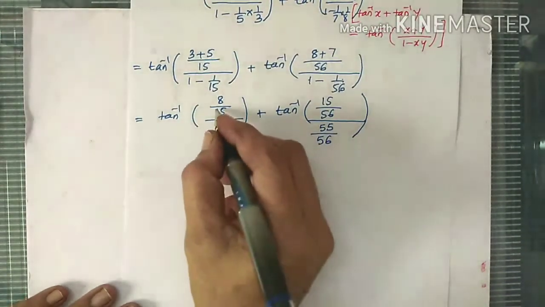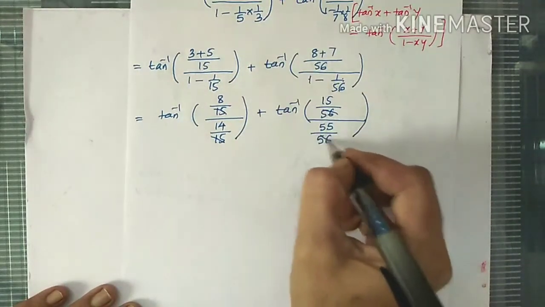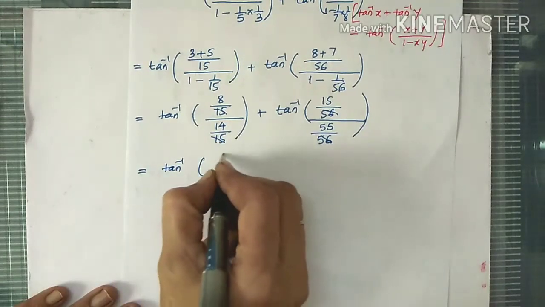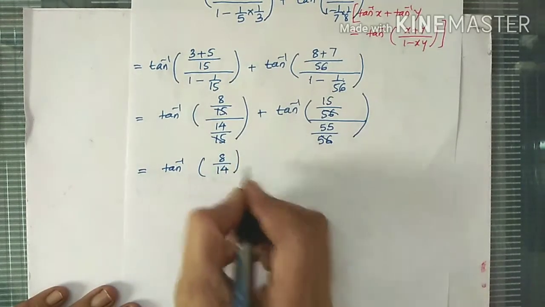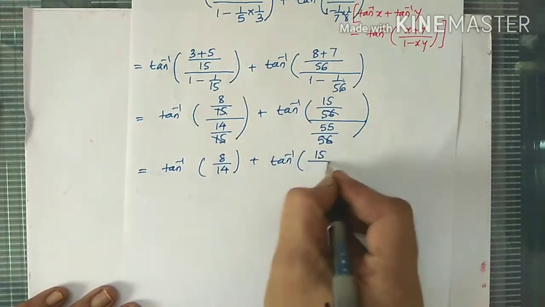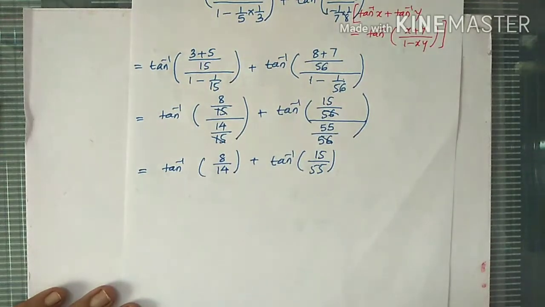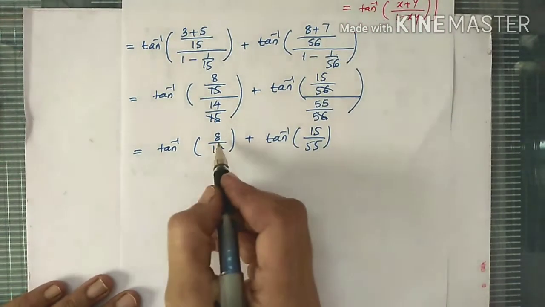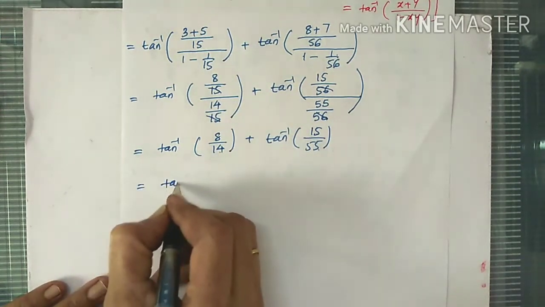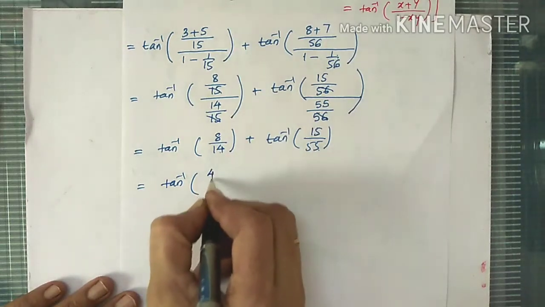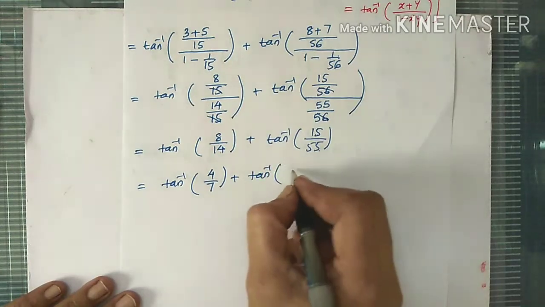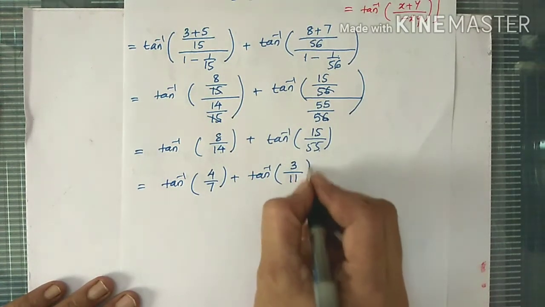Now first let's write the terms and then we will simplify it. So that becomes tan inverse of 8 by 14 plus tan inverse of 15 by 55. To make the numbers smaller, let's divide here by 2 and here by 5. So that becomes tan inverse of 4 by 7 plus tan inverse of 3 by 11.